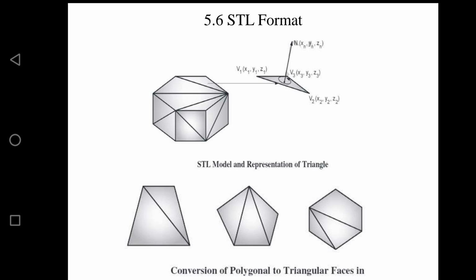Okay, so what are the advantages of the STL file format? Why do we convert all the formats into STL file format? In a simple sense, it is a simple method for representing a 3D CAD model, because it is going to standardize and make it uniform for any application. Okay, for any different types of rapid prototyping technique you are going for, it is going to represent a common file format.